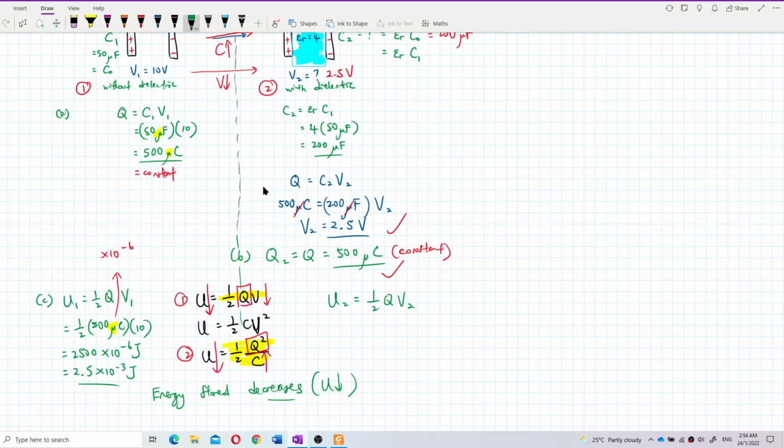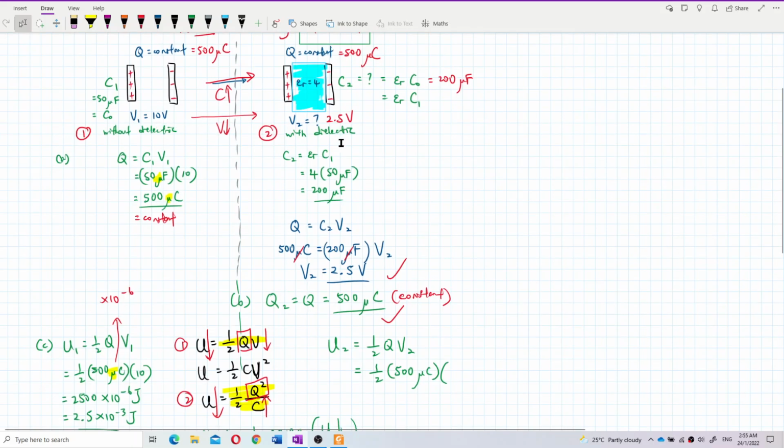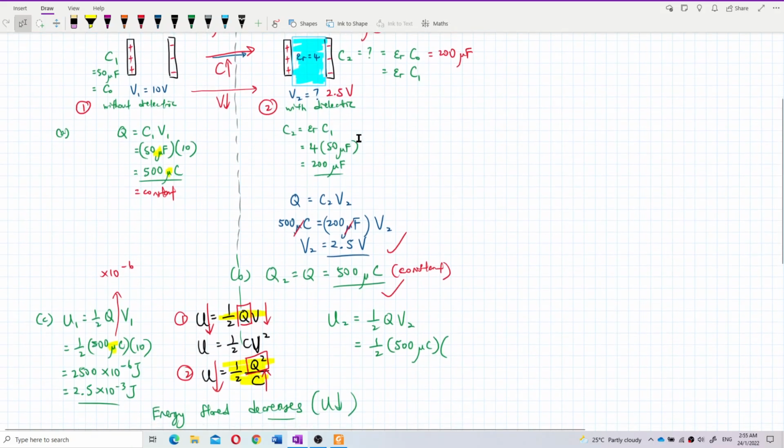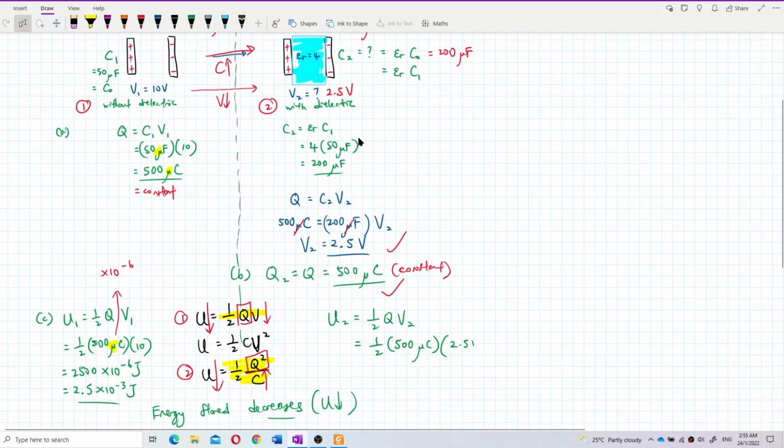Okay, good. So now how about the U2? The charge stored remains constant, 500 microcoulomb, but the voltage has dropped from 10 to 2.5. So put 2.5 volt here. 500 multiply 2.5 divide by 2, so it's 625 micro, which is exponent negative 6.